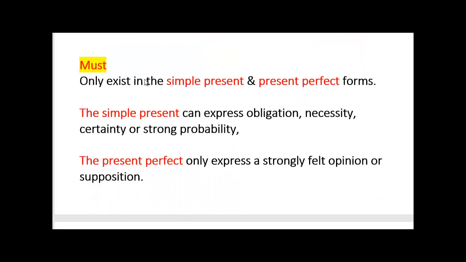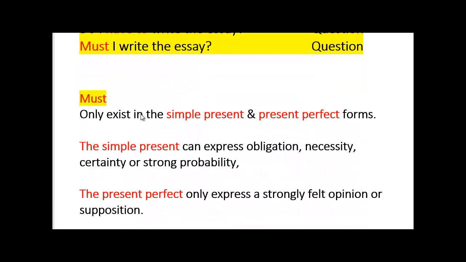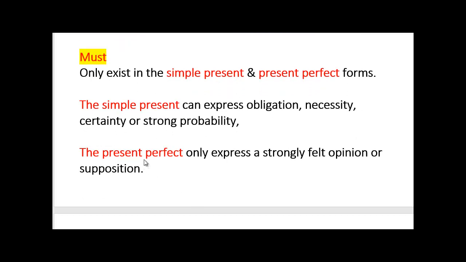Something else, if we're talking about must and have to. Must exists only in simple present and present perfect. Simple present: I eat, I must eat. And present perfect: it must have been something. Must have been, so must and past participle. So that's the present perfect.